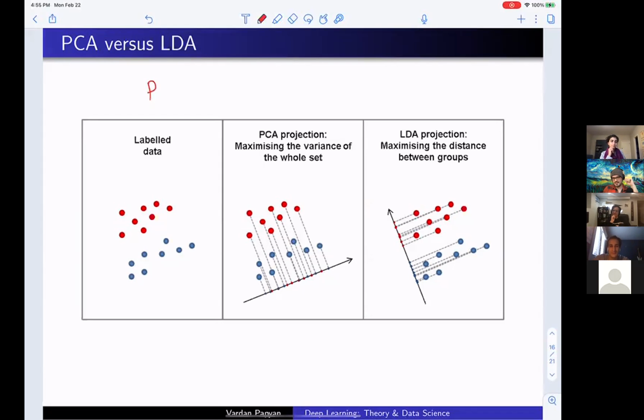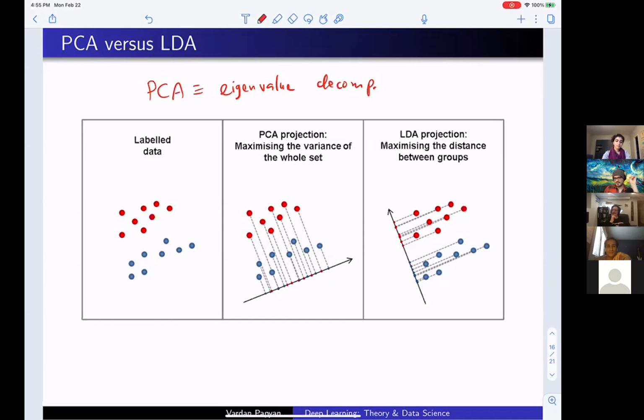So PCA is equivalent to eigenvalue decomposition. And when a person says PCA, I think some people will get mad at me for saying that, but no one has ever convinced me that there is a difference between PCA and eigenvalue decomposition. So I'm sticking to my beliefs.